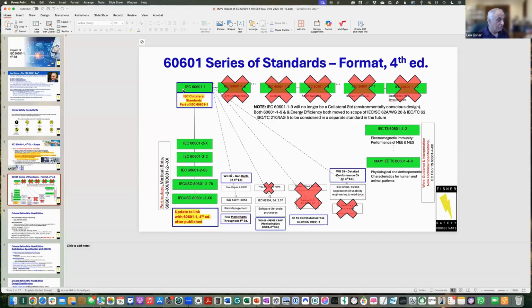So this general standard, instead of being 400 or 500 pages, is going to be 1,000 pages or more. It's going to blow up significantly. The particular standards, the technology-based vertical standards like high frequency surgical 2-2, and I know I'm talking a little gibberish for some people.